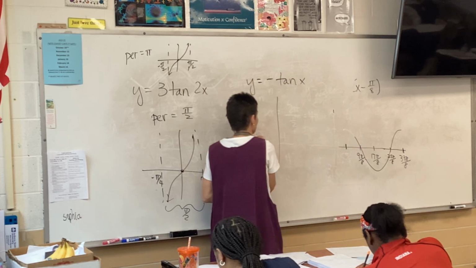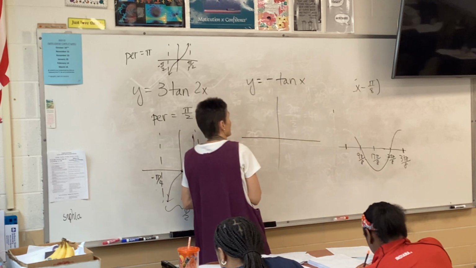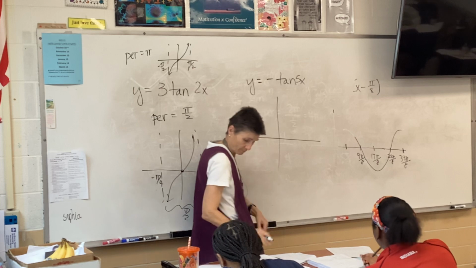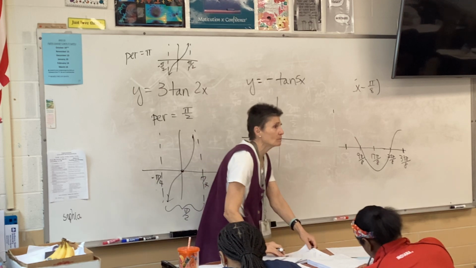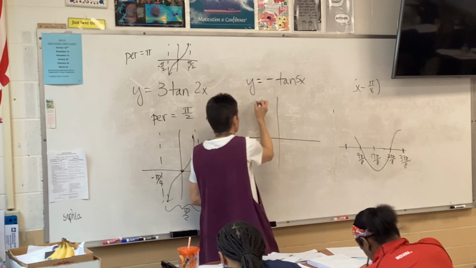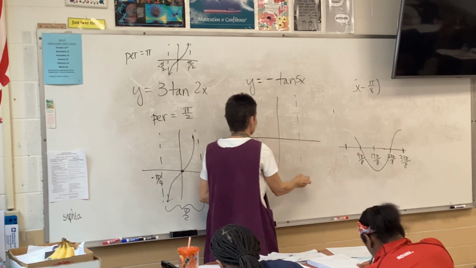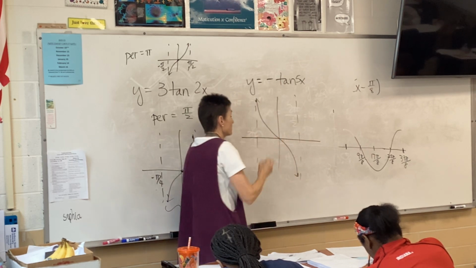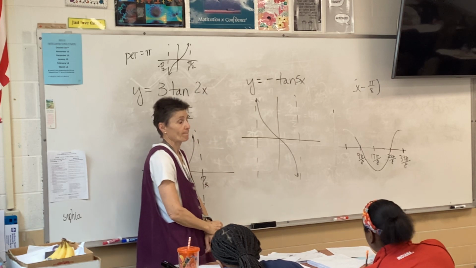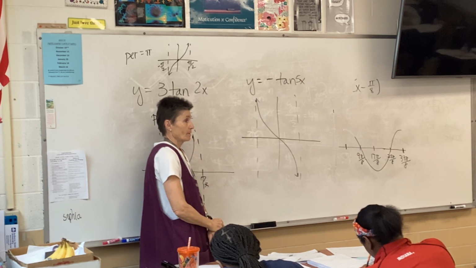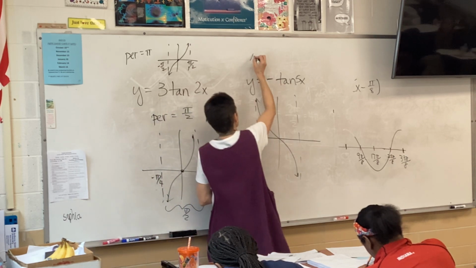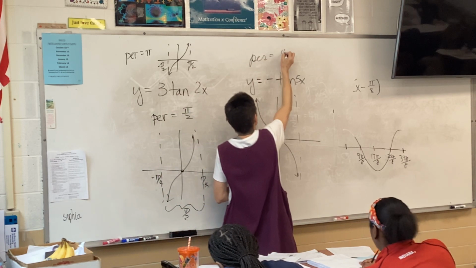What does the negative do, guys? Flips it. So this one is going to have this shape, upside down. The period of a tangent is supposed to be pi.